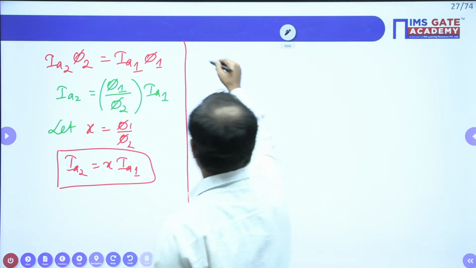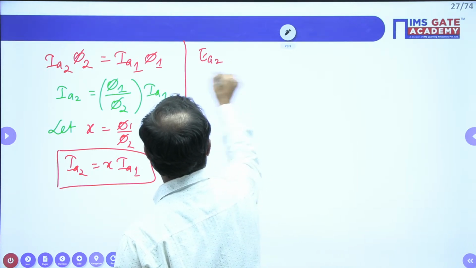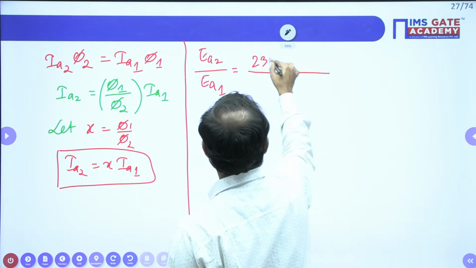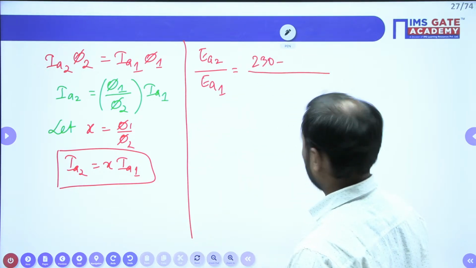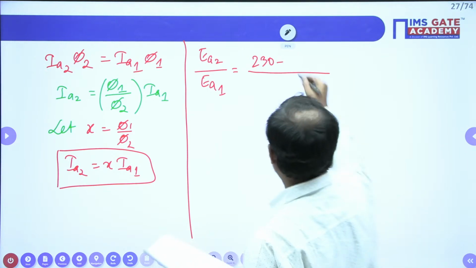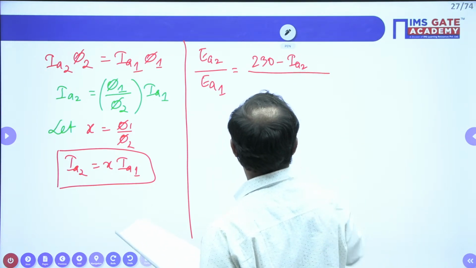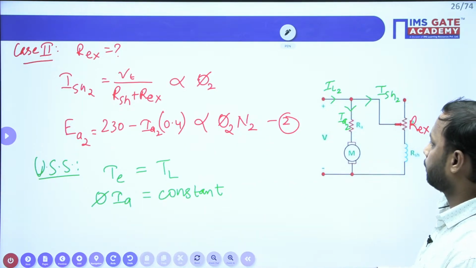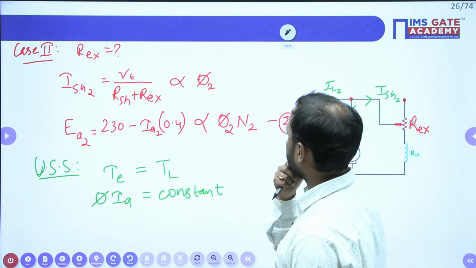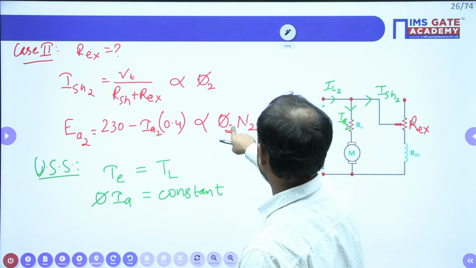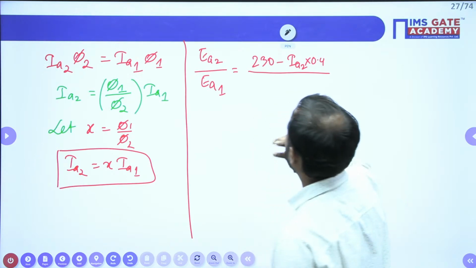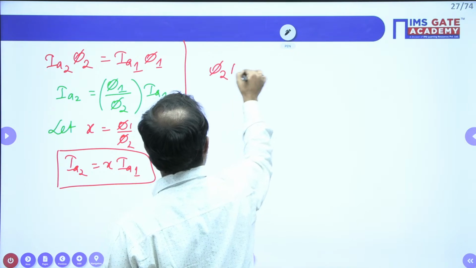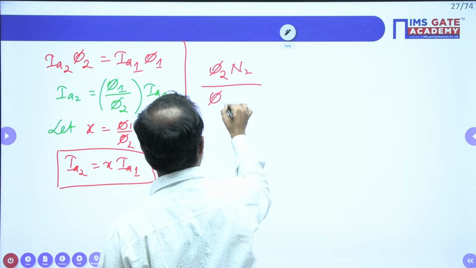Done? Now, EA2 divided by EA1 is equal to 230 minus IA2 RA, where RA is 0.4, and this is proportional to phi 2 N2 whole divided by phi 1 N1.